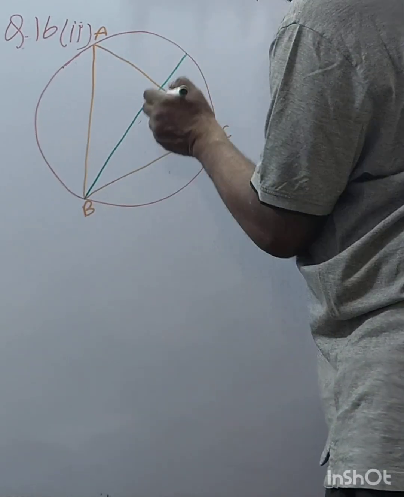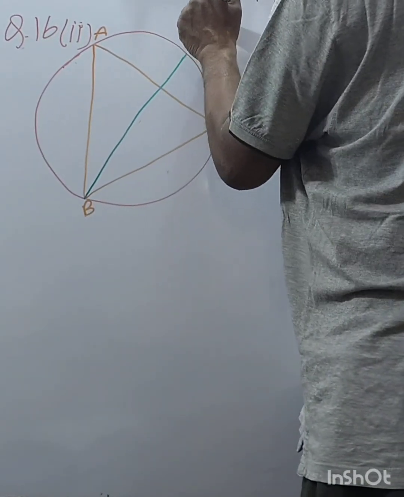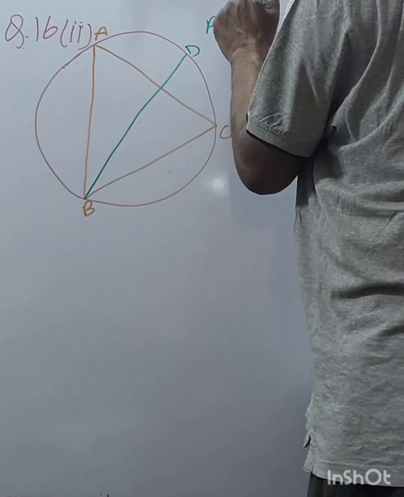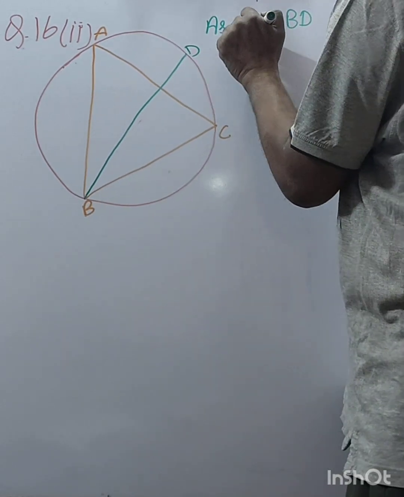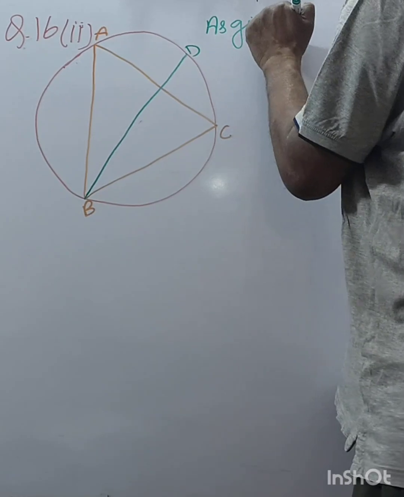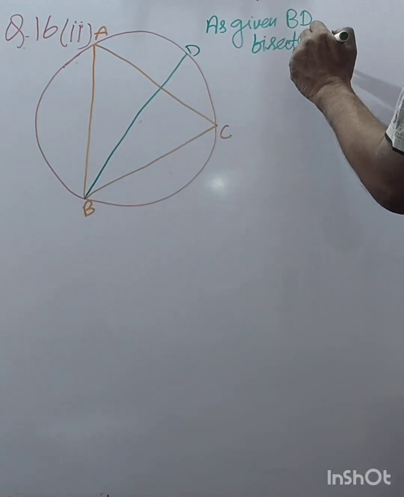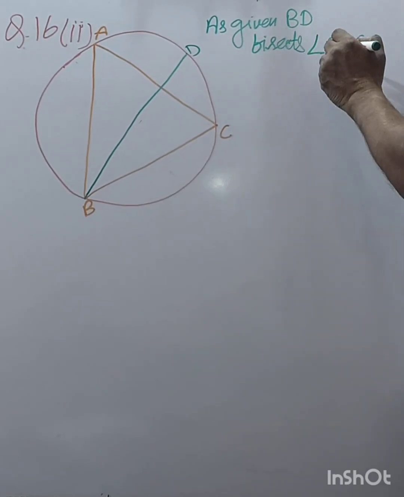This is BD, right? So as given, BD bisects angle ABC.